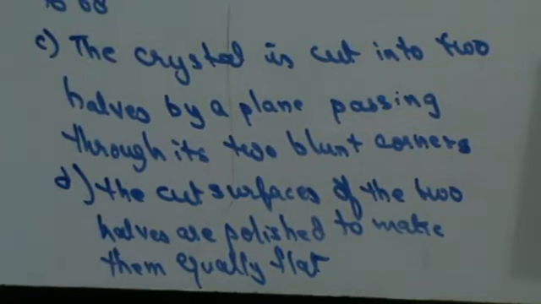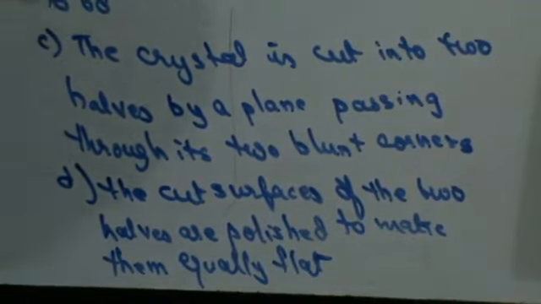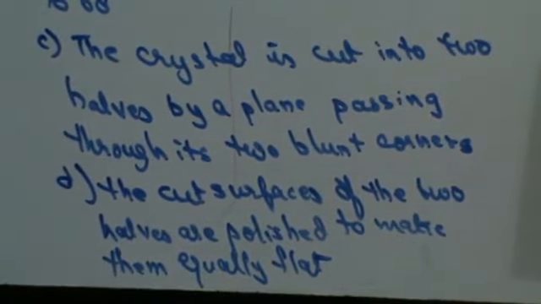So I've cut this along, then I've polished the two surfaces. After I polish them, I'm going to stick them back with a glue. But there's a very specific glue that has to be used to stick them back. Why, we'll see that later, but first let's just see the construction.